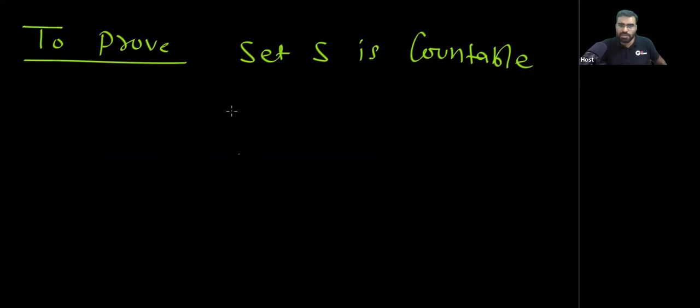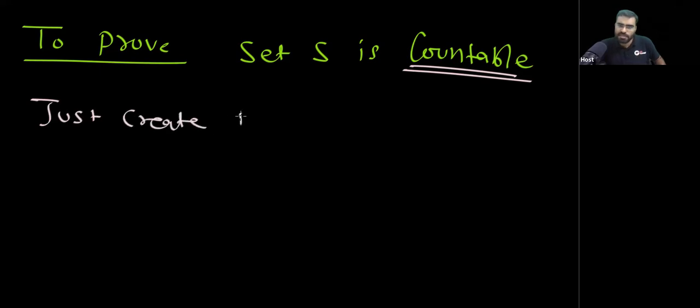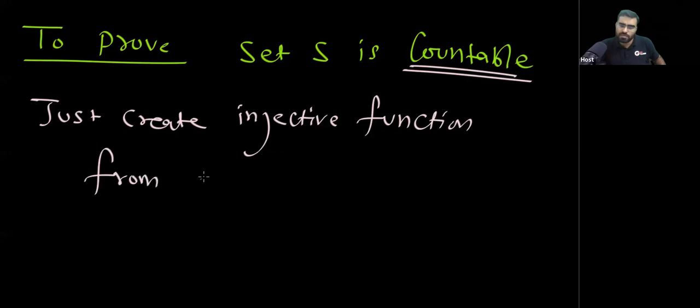But actually, in simple words, you can simply say that to prove S is countable, all you need to do is just create an injective function from S to N. Yes or no? Do you agree?